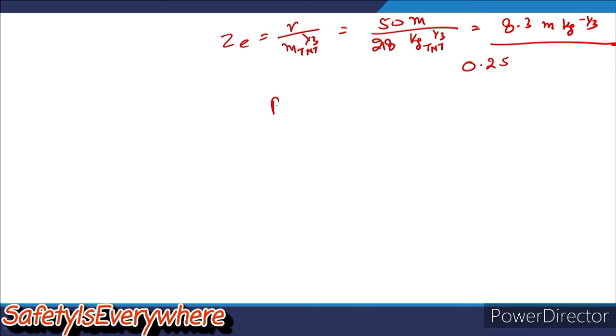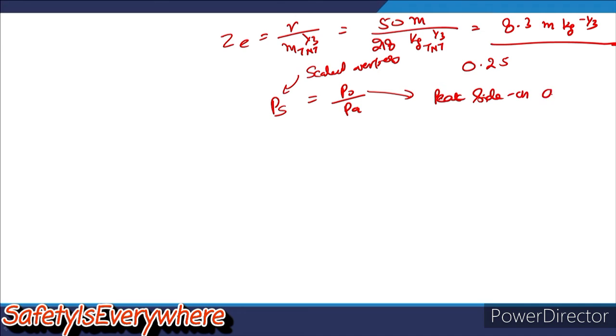So we may utilize this formula: Ps is equal to P0 upon Pa, where Ps is the scaled overpressure, P0 is the peak side-on overpressure, and Pa is the ambient pressure.